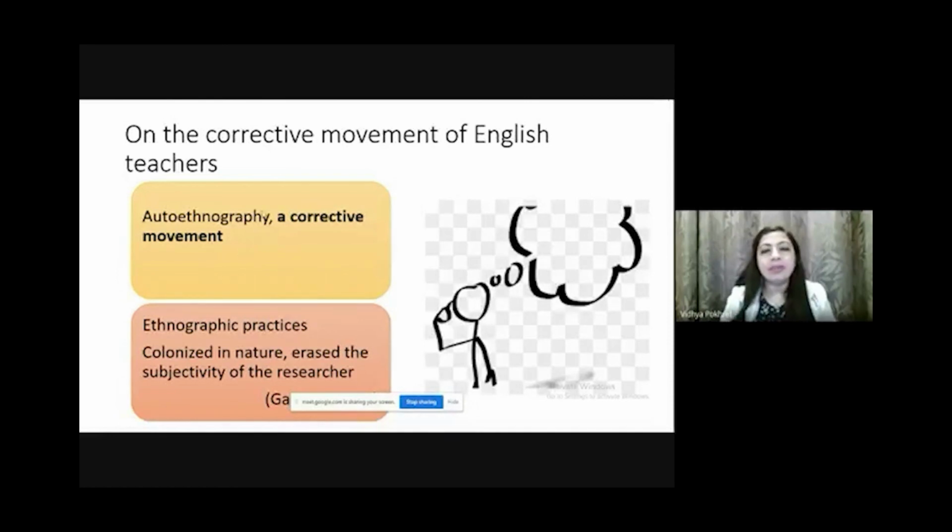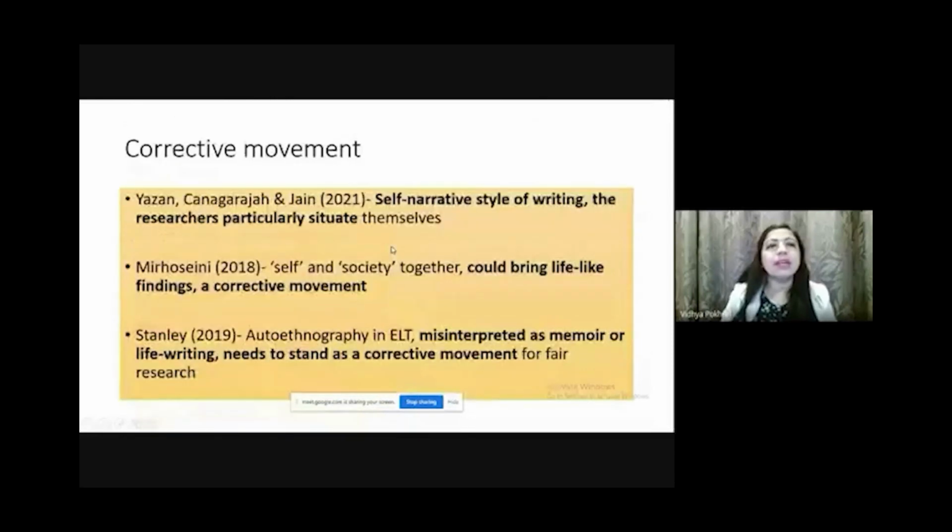And from my study, Yezen, Kanagraza, and Jane, they have talked about autoethnography as the corrective movement, because this is where researchers can situate themselves. Mirosheni also found that autoethnography is a corrective movement because it consists of self and society, which brings lifelike findings in the research.